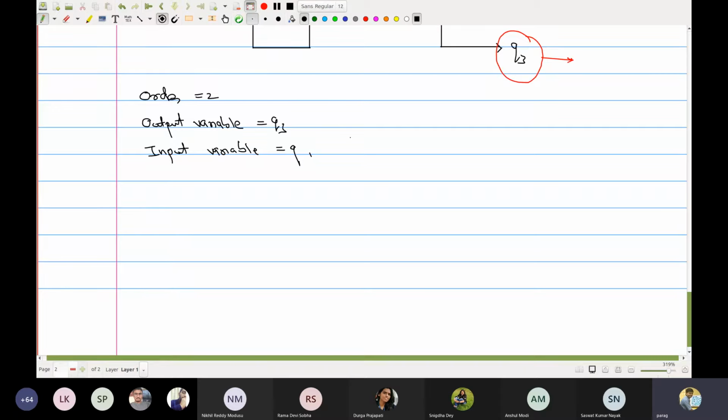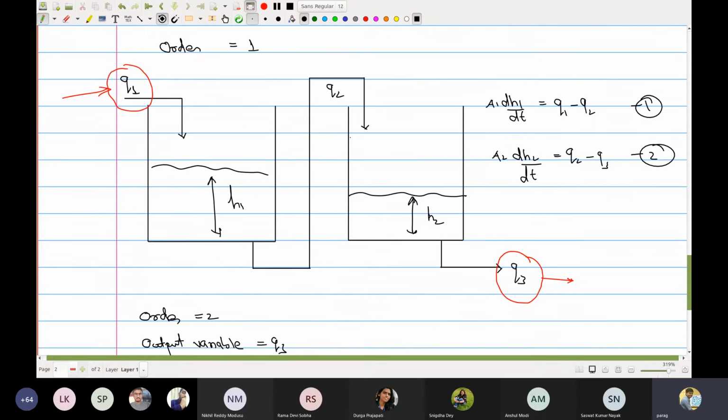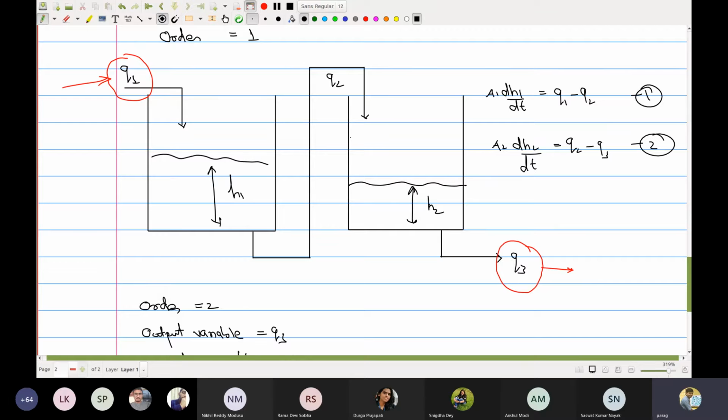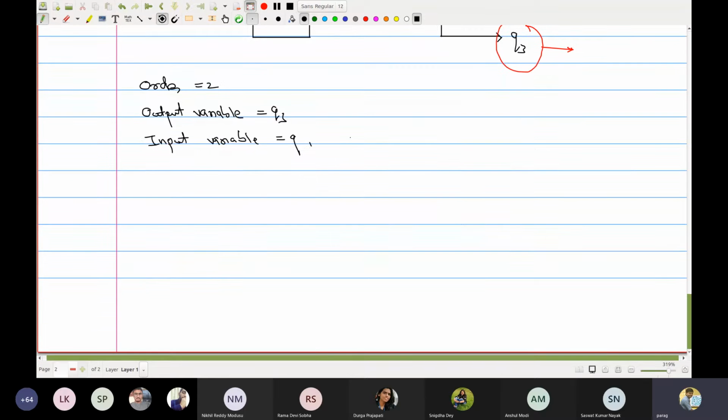Now let's see if I write the transfer function of equation 1. Equation 1 is a first order ODE. So my general transfer function for equation 1, let me call it G1, would be of the form K1 upon tau1 S plus 1.